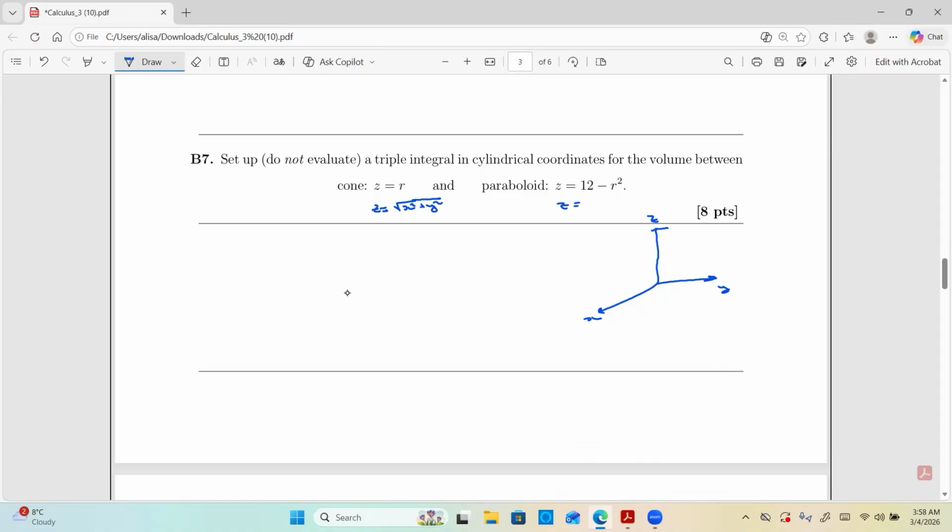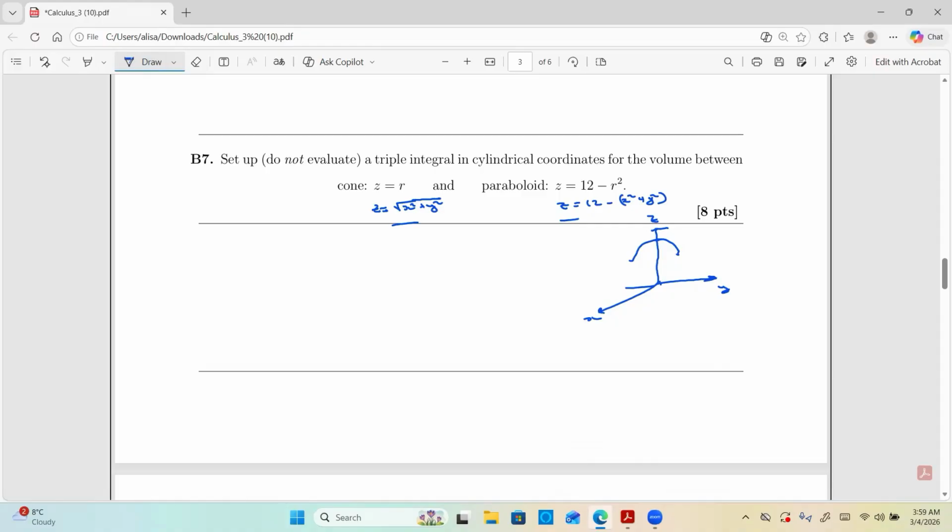Here you're given the equations in cylindrical, but you can always convert things back to Cartesian. And if you plug in a few z's, you will see that this is a cone and this is a paraboloid. The vertex of the paraboloid is going to be at z equals 12, and it's going to go down.